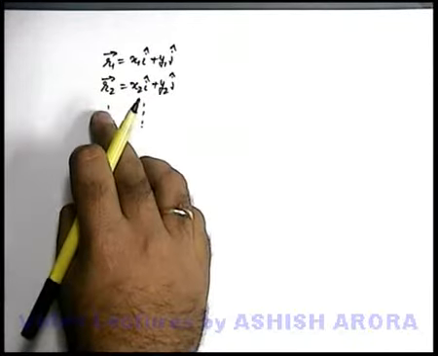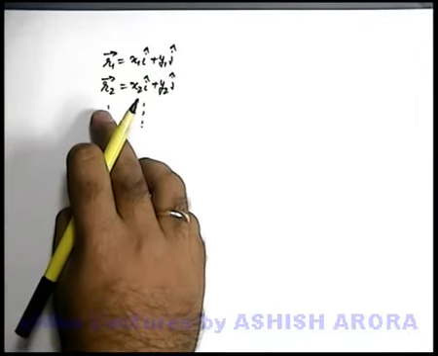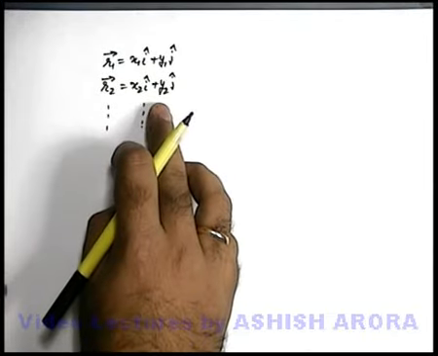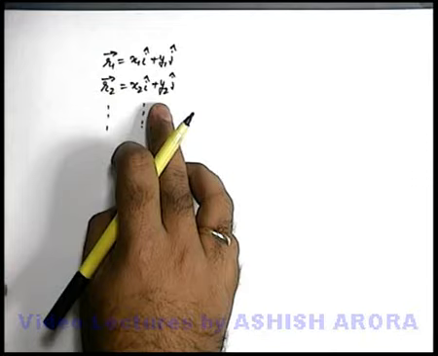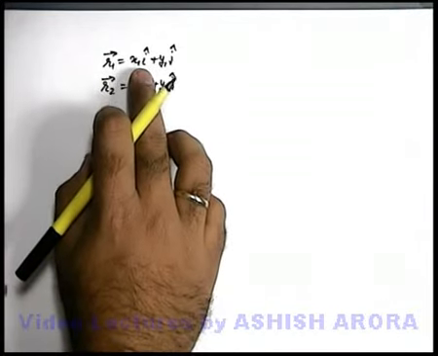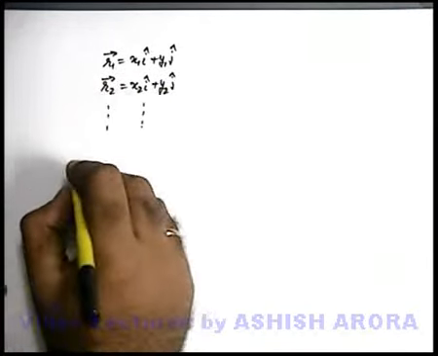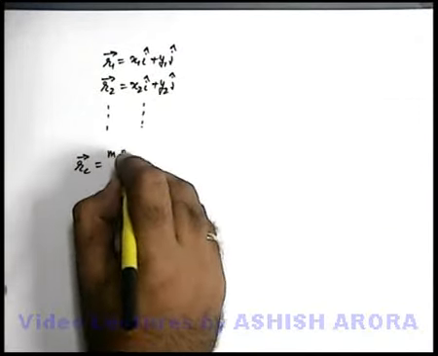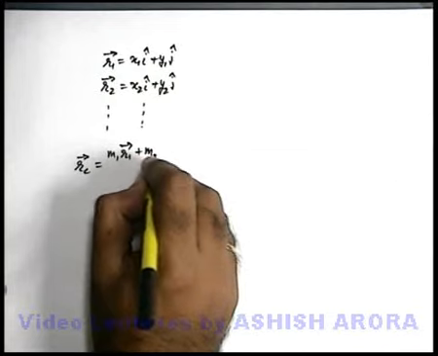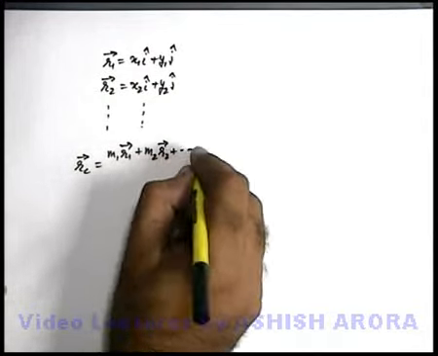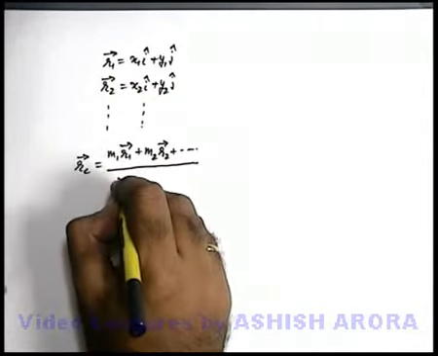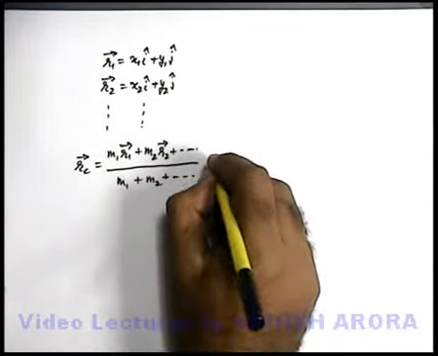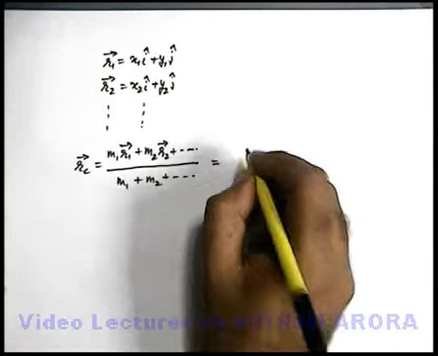If we have the position vectors, these can be expressed in unit vector form with the coordinates of the respective positions. Now if we substitute these results in the final result of the position vector of the center of mass, which was m1 r1 plus m2 r2 plus and so on upon m1 plus m2, let's see what we get.